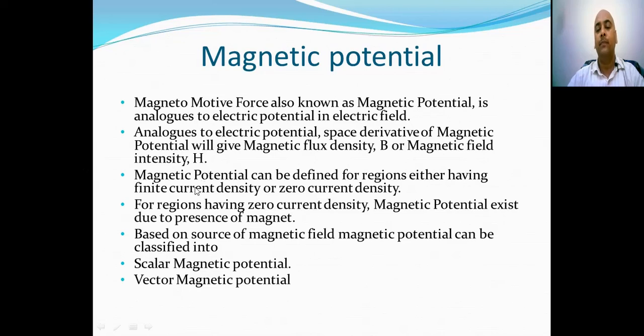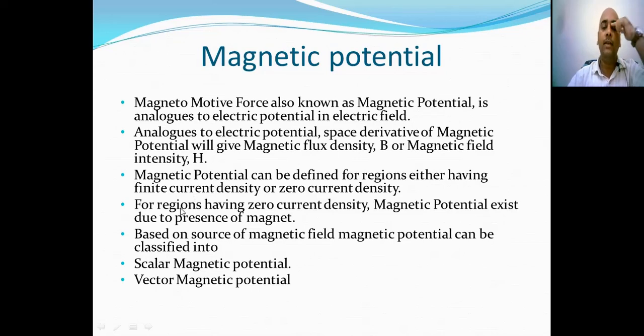The magnetic potential can be defined for a region having either finite current density or zero current density. That is, magnetic potential is available in regions where current is zero or where current is not equal to zero.